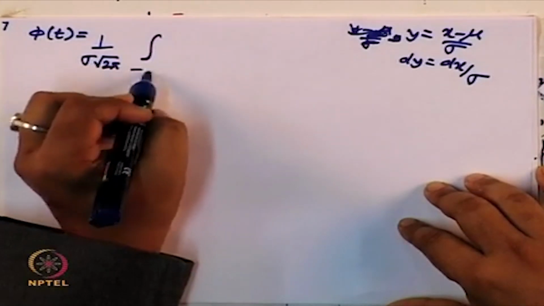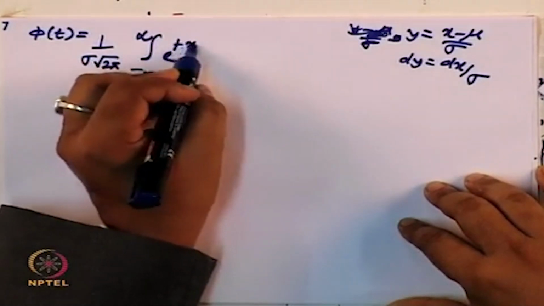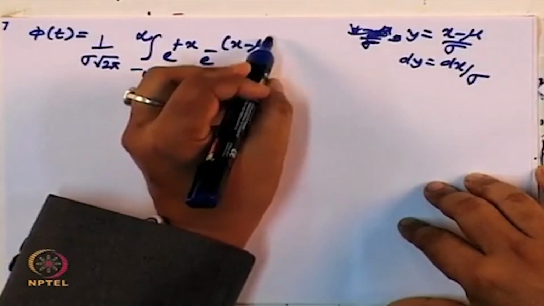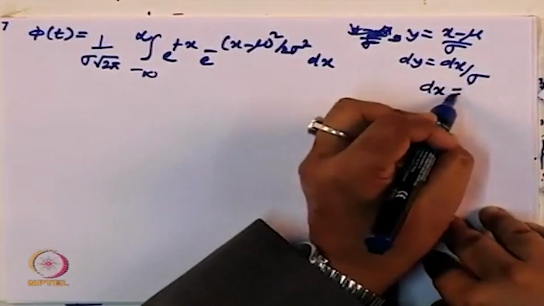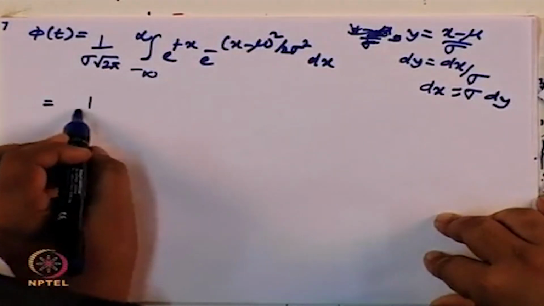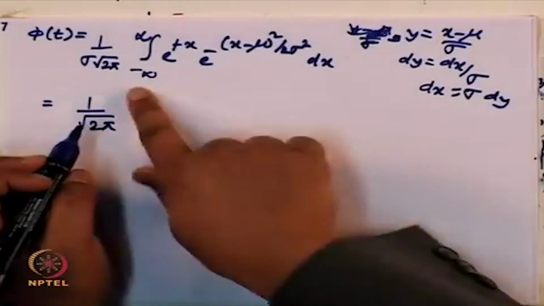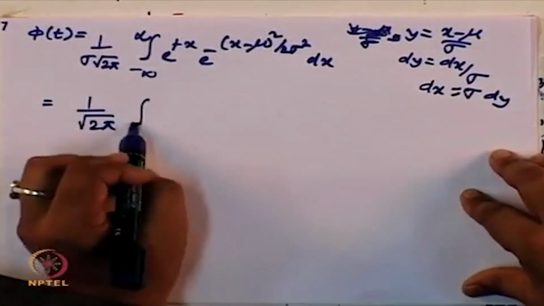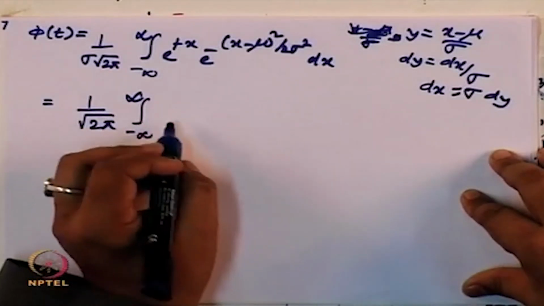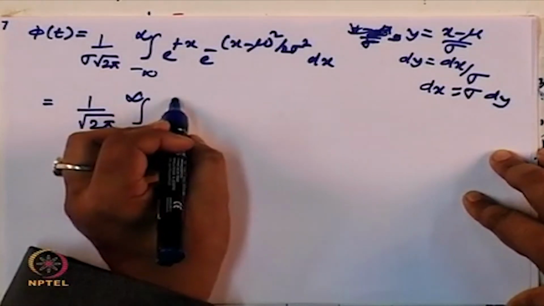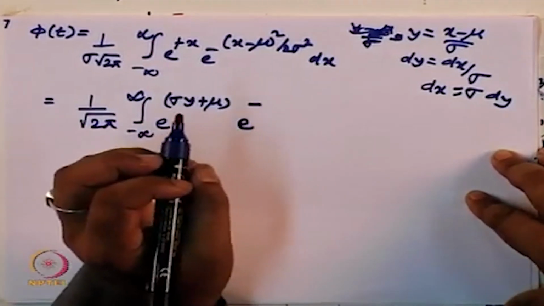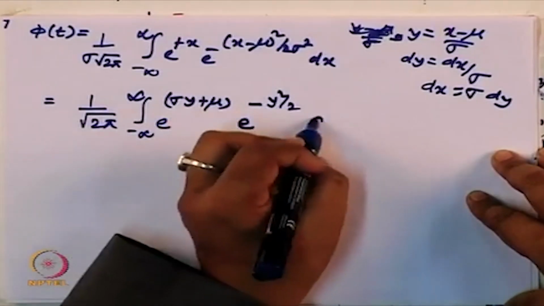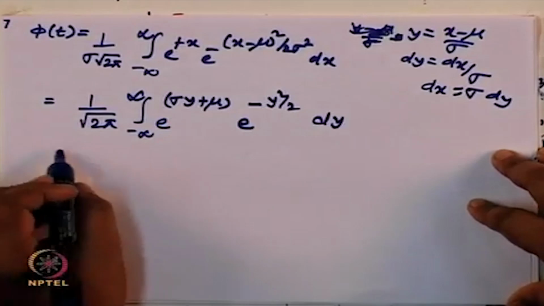So, phi of t has e to the power tx times e to the power minus x minus mu whole square by 2 sigma square into dx. This would mean my dx is equal to sigma into dy. The limits will not change, and this sigma goes. We get e to the power t times sigma y plus mu, times e to the power minus y square by 2, into dy.